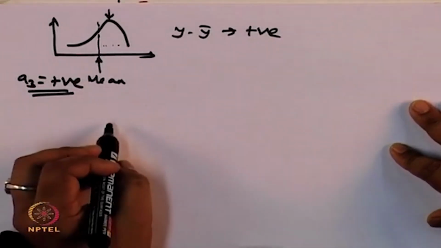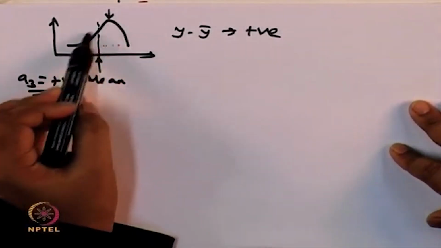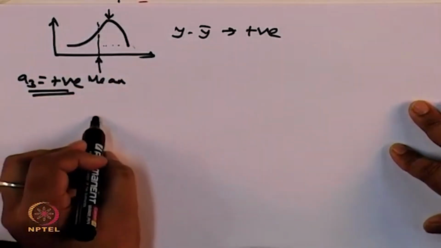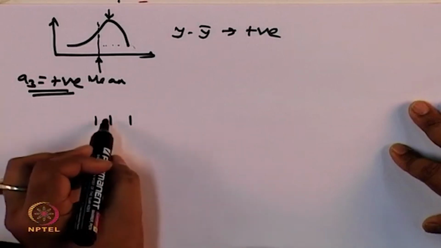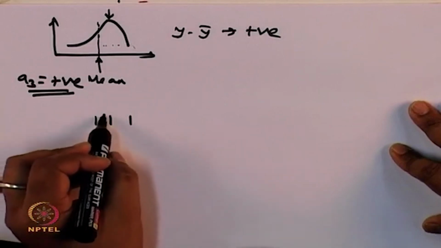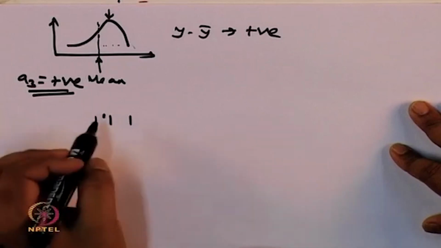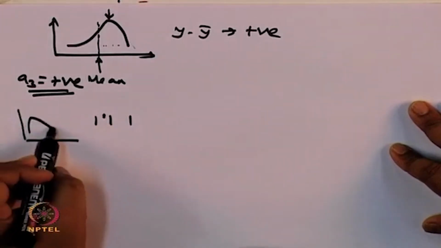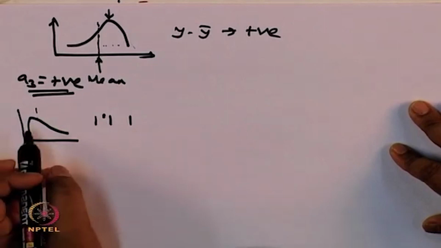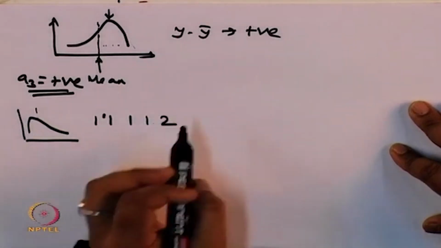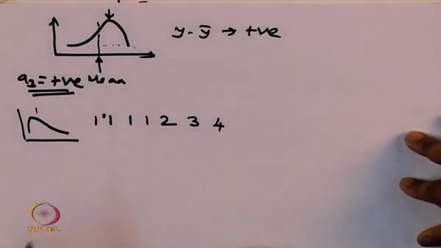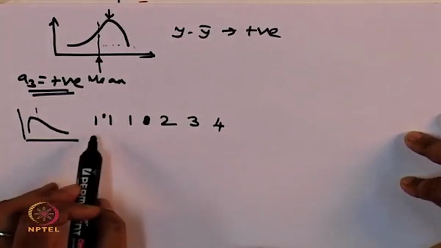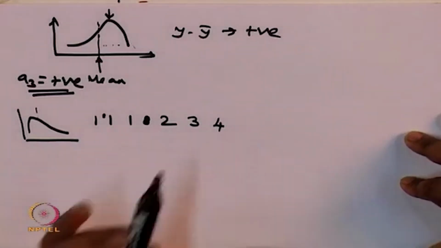Let me write down some numbers which portray this picture. So let us say my variables are 1, 1, 1, 1, 2, 3, 4. Let us do this distribution: you have three ones, one 2, one 3, one 4.